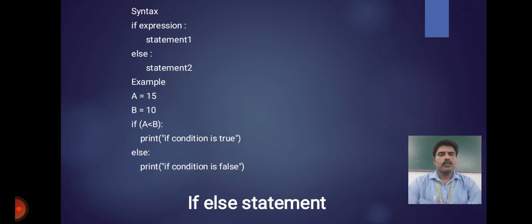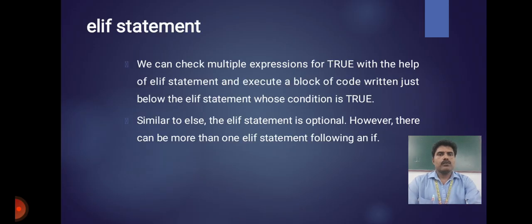For example, A equal to 15, B equal to 10, and the condition is A is less than B. If the condition is true, the if output is printed. Otherwise, the statements in the else part are printed. So in that case, the if condition is false.